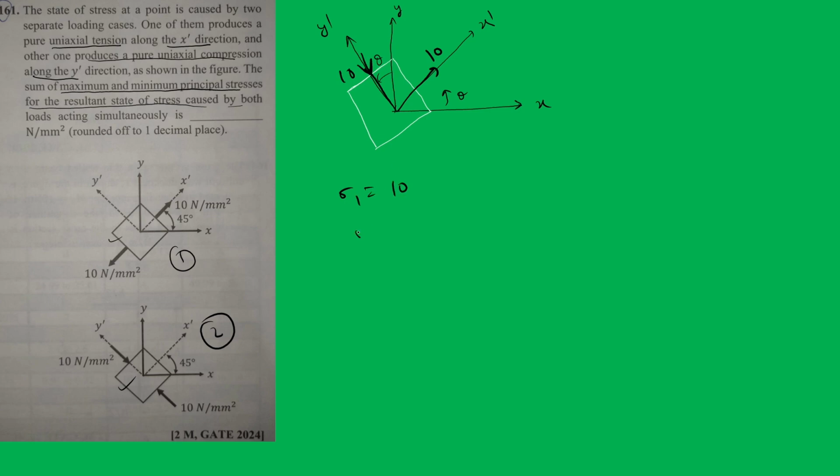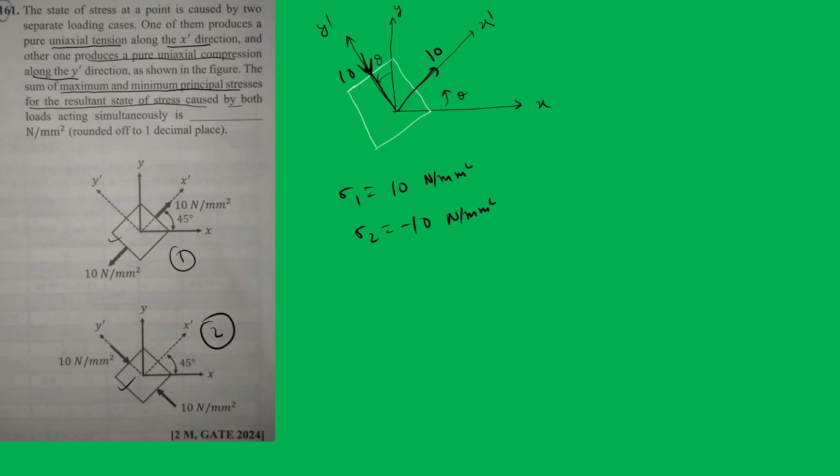Then sigma 1 is 10 and sigma 2 is minus 10, the minor principal stress, compressive in nature. The units are Newton per mm square.